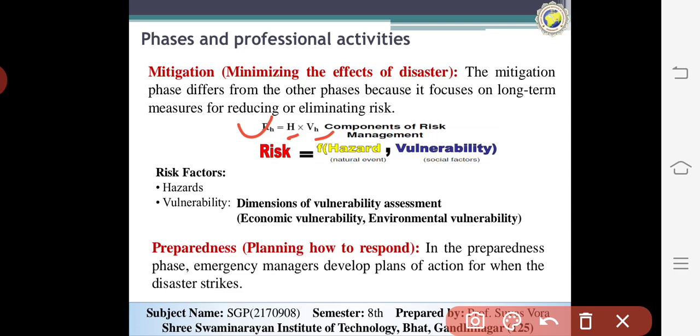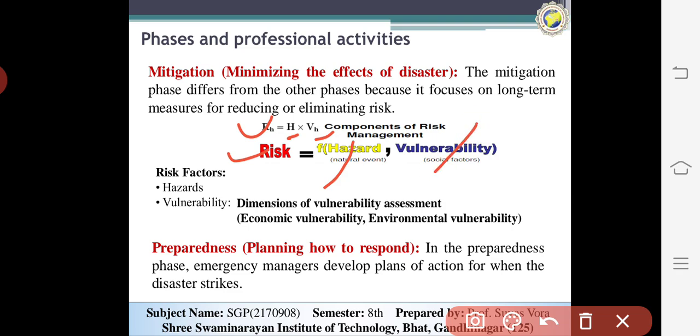The higher the risk, the more urgently the disaster-specific vulnerabilities are targeted by mitigation and preparedness efforts. Risk is defined by considering natural events and social factors.